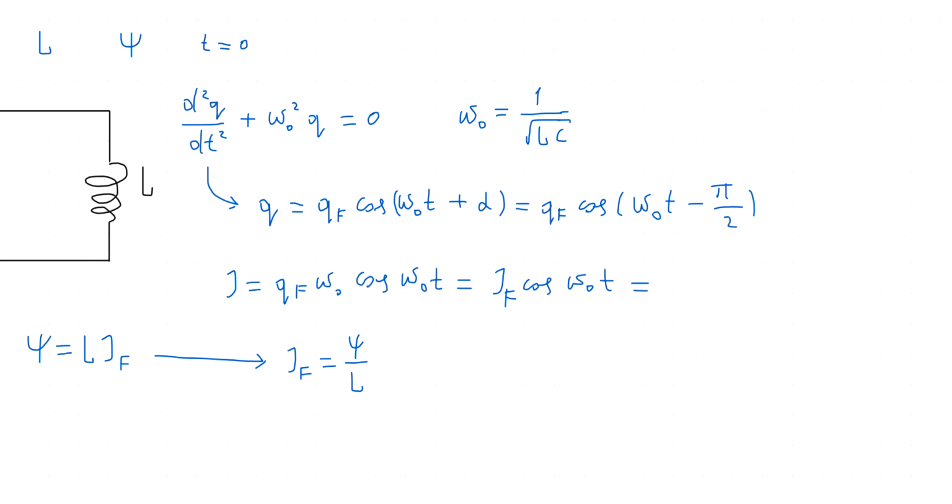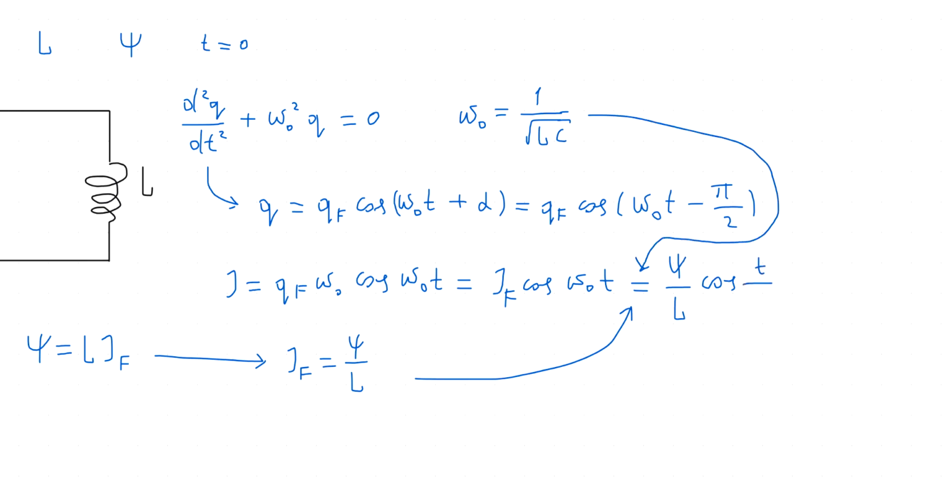And so from here we will get psi divided by L cosine, and let's use also this formula. So we have t divided by square root of LC.